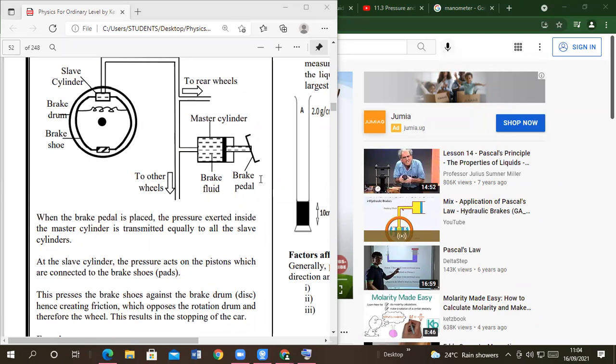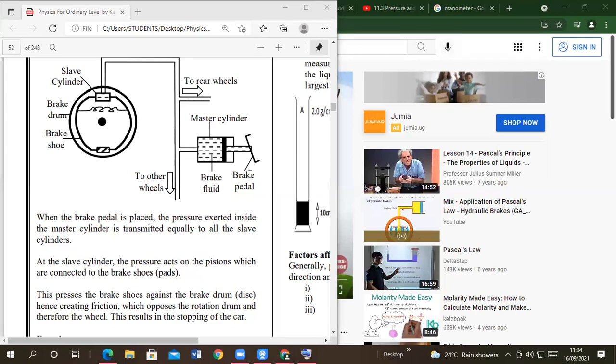Now, that red fluid is what we call the brake fluid. In most cases, they use it in those cars. The reason is that it is a liquid, and it is in form of oil. So you know that oil cannot be mixed with air.